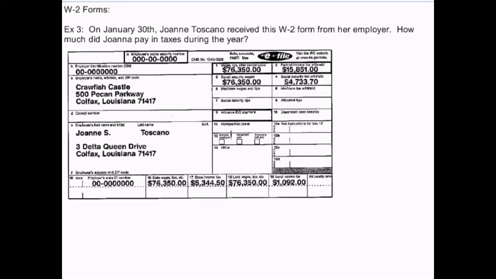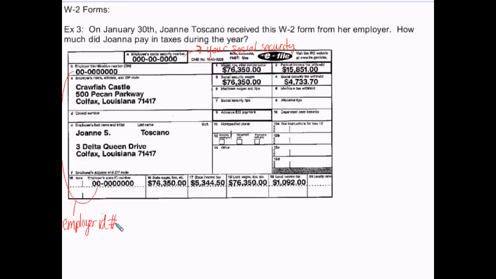You'll have on here your social security number up top. This is your social security number. And then this number here and here, this is your employer ID number. That's kind of like the social security number for business.